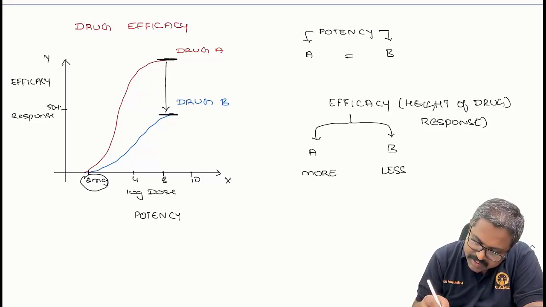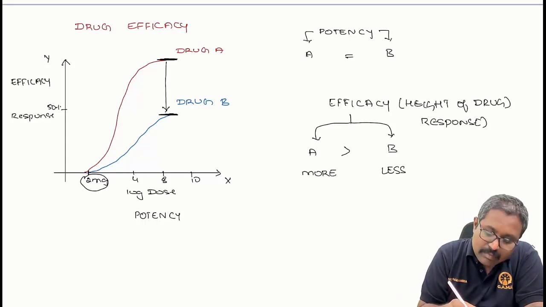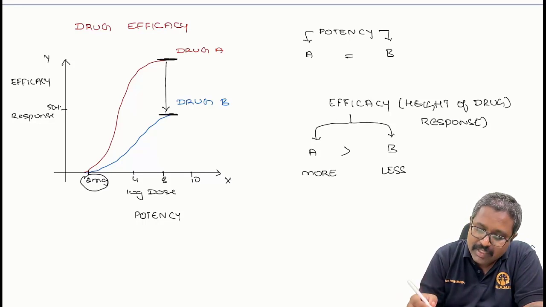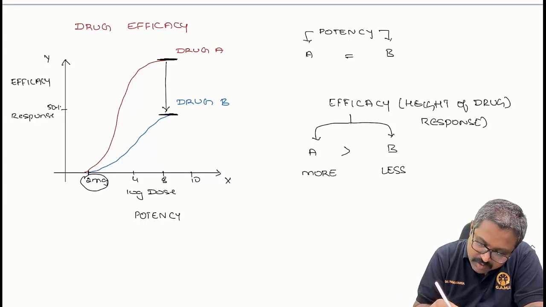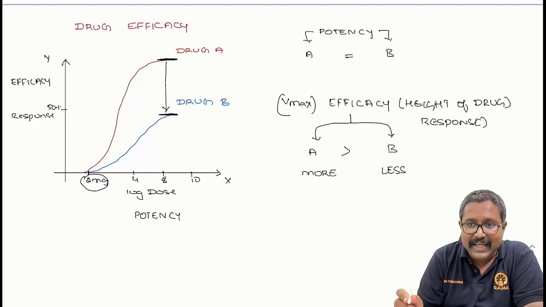That means to say drug A is more efficacious than drug B. So efficacy is nothing but it tells you about the Vmax. So Vmax for drug A is better compared to the Vmax of drug B. So this has to be kept in mind.